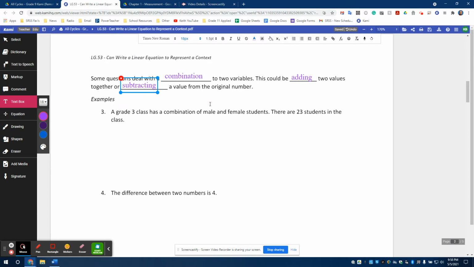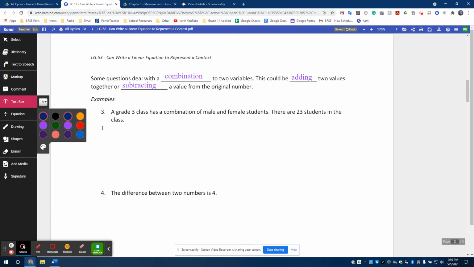So we could have two numbers being added together, and in that case those two numbers would usually be our two variables, or we could have a starting value and then we subtract something else. Now, that starting value could be a variable as well, so we could have two different ones, and we're going to take a look at an example of that as well.